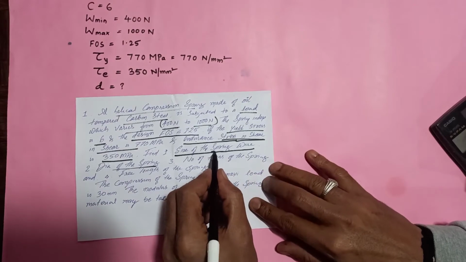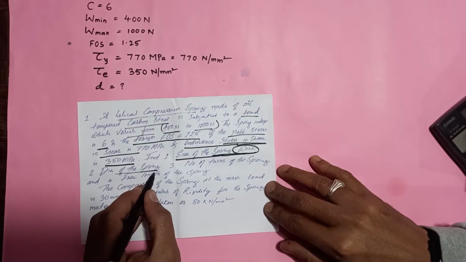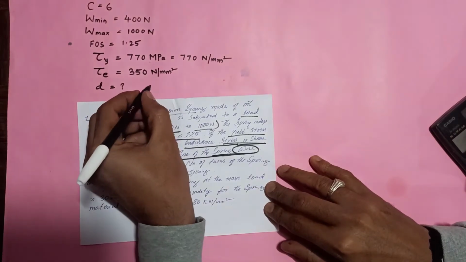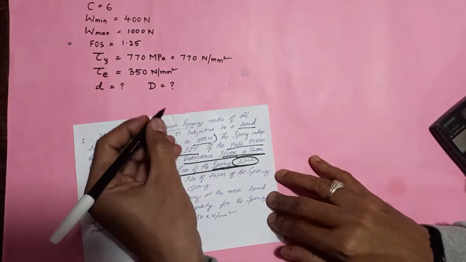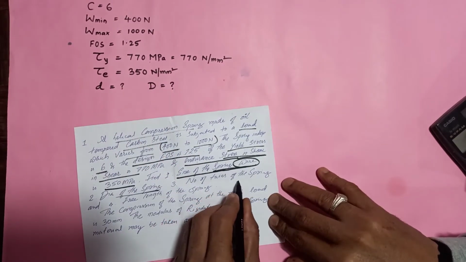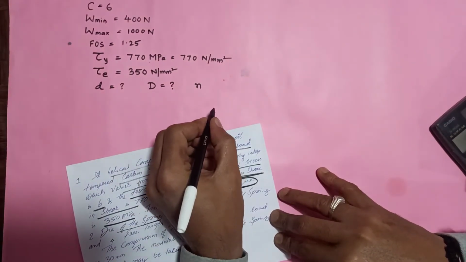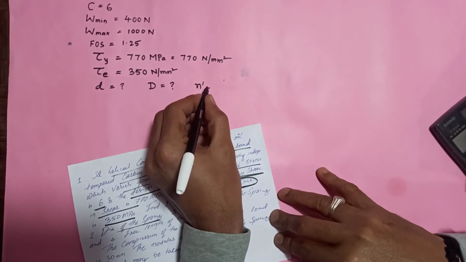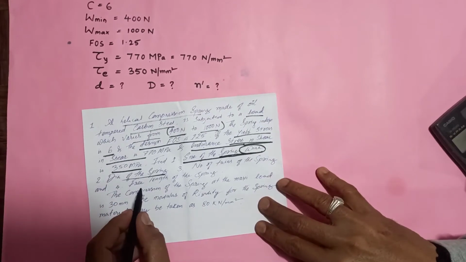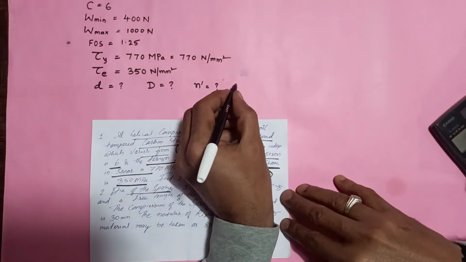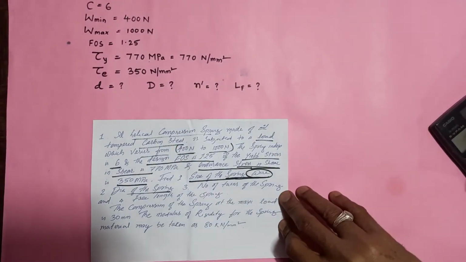The diameter of the spring wire is denoted with small d, and the diameter of the spring, which is the coil diameter, is capital D. Third, you need to calculate the number of turns of the spring, N, and N dash is the total number of active coils. Then the free length of the spring, that is, the length when the load is removed.